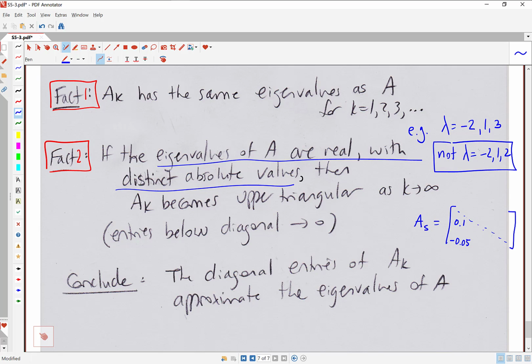They're all going to be approximately 0. So we can say this matrix is approximately upper triangular. And what do we know about upper triangular matrices? Well, we know that the diagonal entries of an upper triangular matrix are the eigenvalues. So we can say the diagonal entries of this matrix AK approximate the eigenvalues of A.